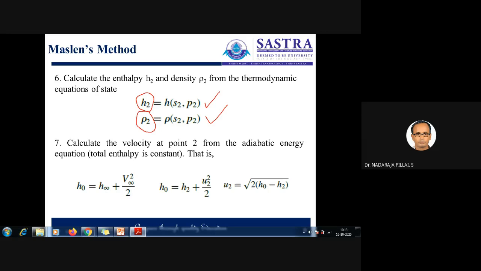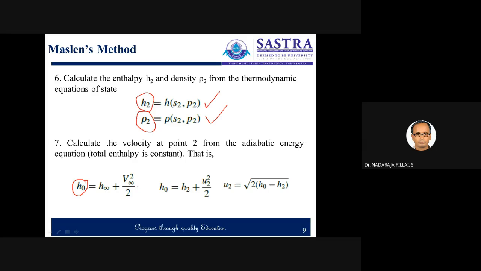Calculate the velocity at point 2 from the basic adiabatic energy relation, where the total enthalpy H naught is equal to a constant, that is equal to H infinity plus V infinity square by 2. Here H naught is the total enthalpy, and V infinity is the velocity.